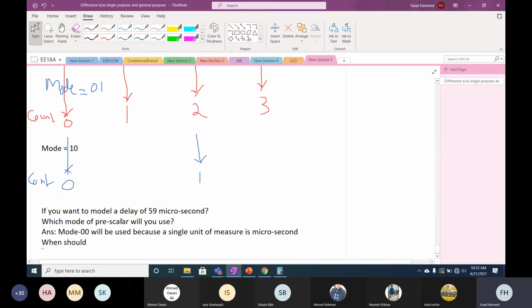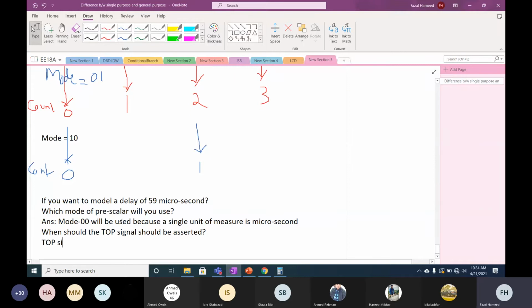The stop signal should be asserted after how many counts? After 59 counts. When the count reaches 59, you multiply it with the clock period. It is 1 microsecond.